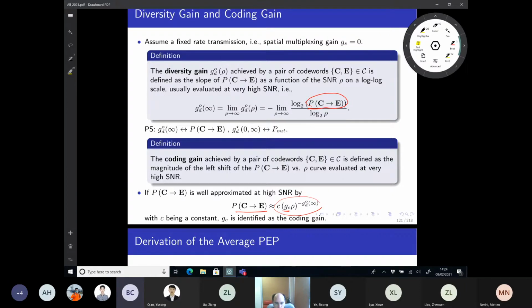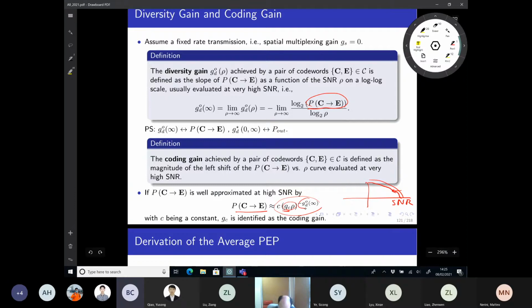So with the structure of the code, we will try to increase the SNR. The effect of GC here will be to increase the value of rho, so increase the SNR. If you have a slope like this as a function of the SNR and GC is increased, it means that the slope does not change, but you're shifting to the left, right?